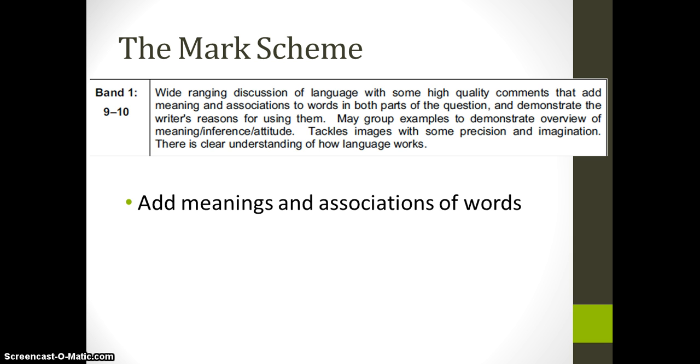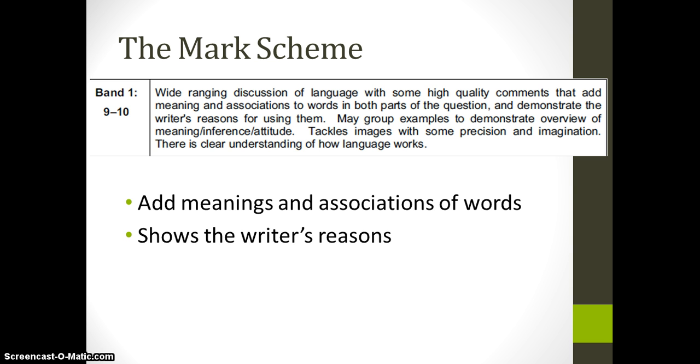We know that words have literal meanings, the meanings that might be our day-to-day meanings, but there are also huge layers and associations beneath words that we should be looking at. So make sure when you're picking words from the paragraphs in your question, you're picking ones that are unusual, ones that leap out at you, ones that have loads of connotations that you could discuss.